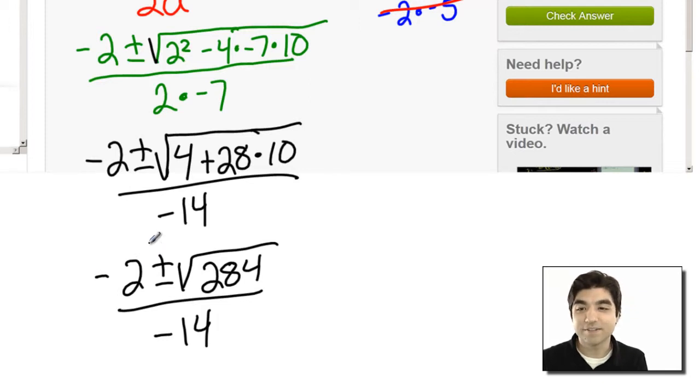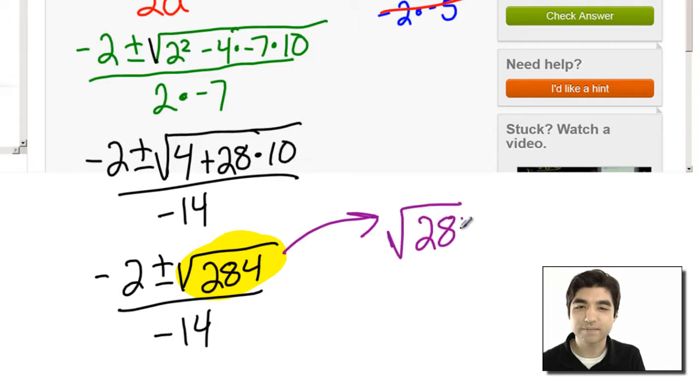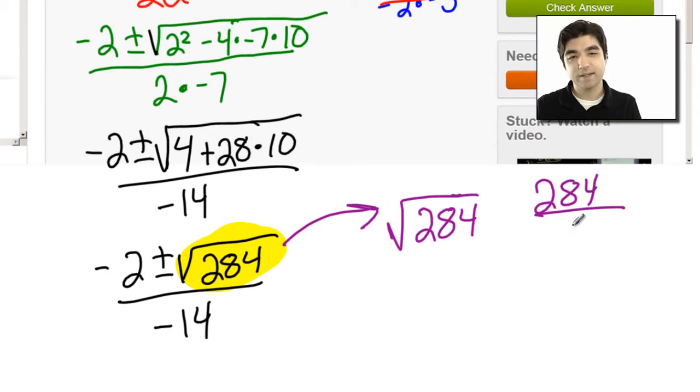Okay, so here comes the hard part. We need to find factors that can come out of the square root. Oh man, I wasn't anticipating this. So we take the square root of 284, and we need factors of 284.